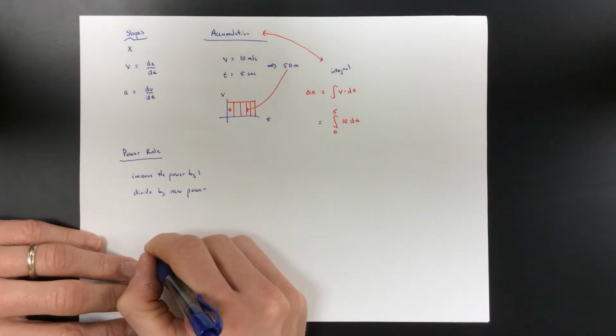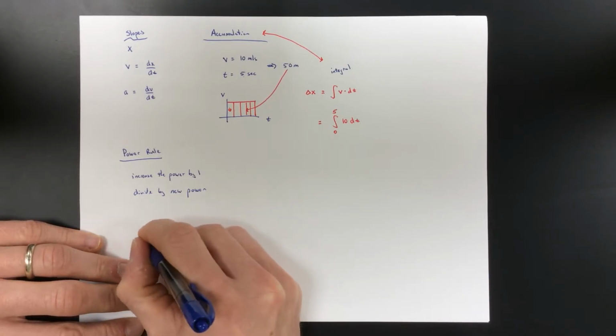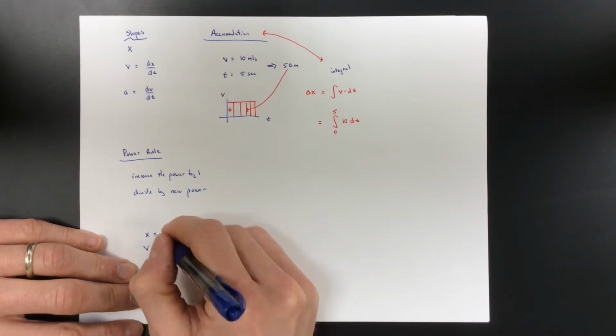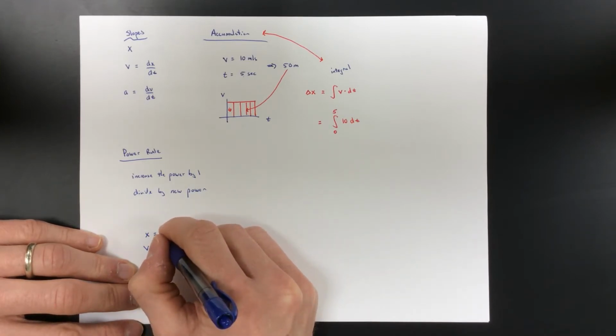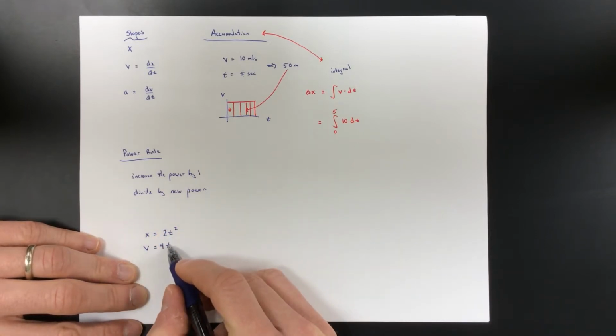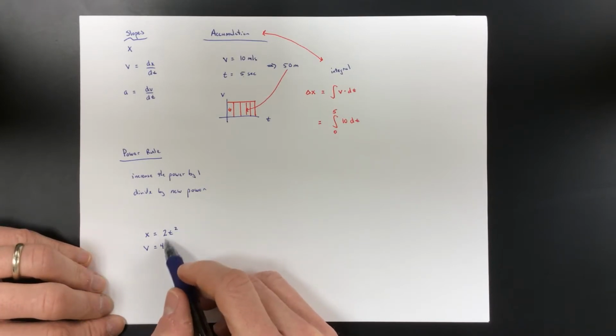So for instance, if I had a velocity of 4t, how do I get the position? I increase the power by 1 and divide by the new power. So it'd be 2t squared. Increasing the power by 1 makes it from t to the first to t to the second, and then dividing by 2 changes the 4 to a 2.